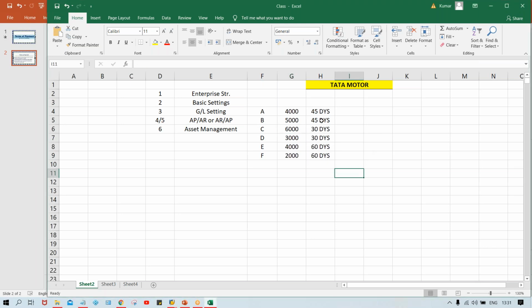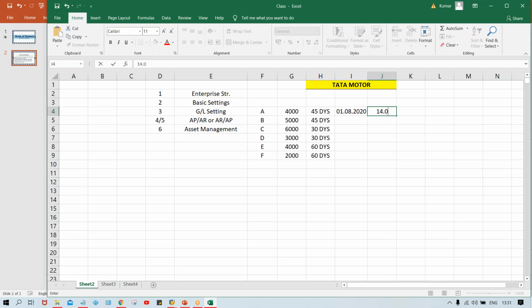Now, let's suppose there are 100 different kinds of payment terms. How is it possible to remember them? Is it possible to remember? Let's suppose this invoice worth 4,000 we have posted on 01/08/2020. So on which date is this going to be due? Let's suppose it is going to be due on 14th of 09.